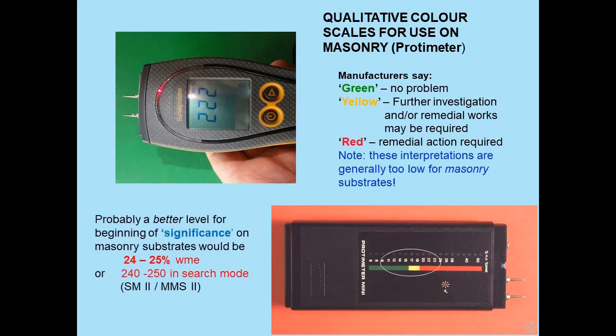Probably a better level for the beginning of significance on masonry substrates would be 24-25% WME, or in the case of the radio frequency meter in search mode, 240 to 250. Those would be better. These meters are very sensitive on masonry substrates.